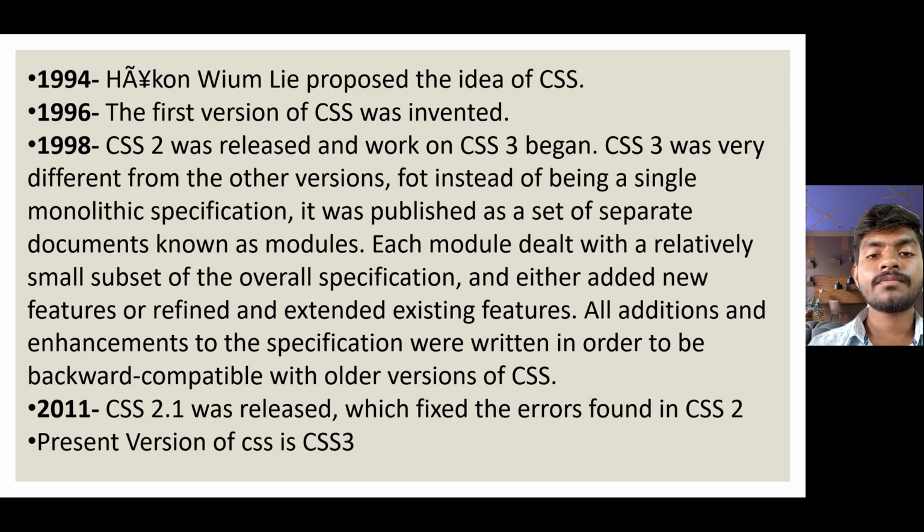Each module dealt with relatively small subsets of the overall specification and either added new features or refined and extended existing features. All additions and enhancements to the specification were written to be backward compatible with older versions of CSS. In 2011, CSS 2.1 was released, which fixed the errors found in CSS 2. The present version of CSS is CSS 3.